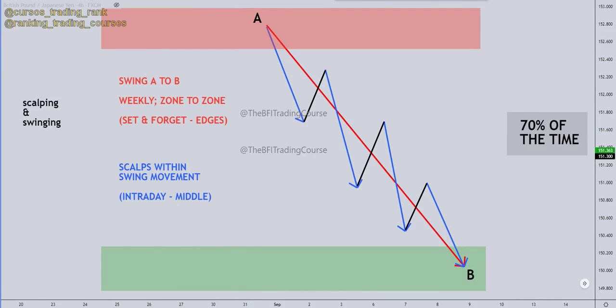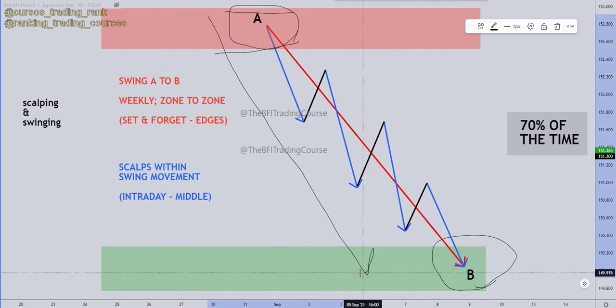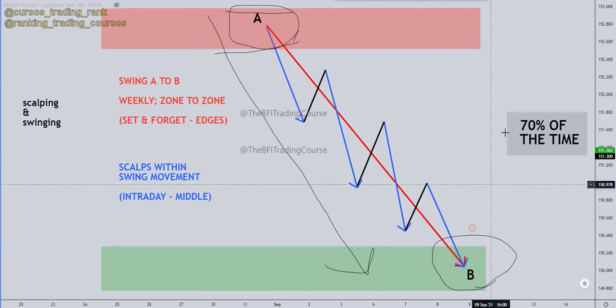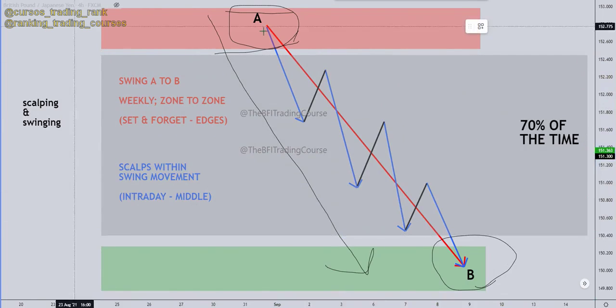Okay, it's not always at the edges, A and B. But the idea is if it's a weekly zone, you can swing it from A to B, and these scalps can be considered these down moves within the larger weekly downwards movement. Scalps within the swing movement, you can consider that intraday in the middle, and most of the time it is in the middle, and it's maybe moving away or towards a zone.